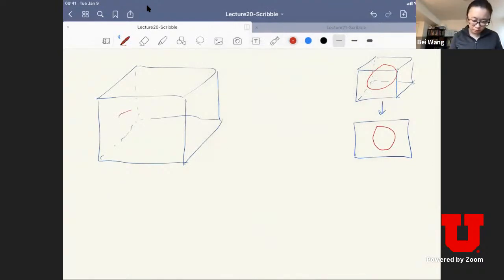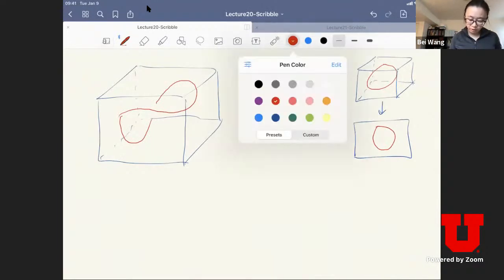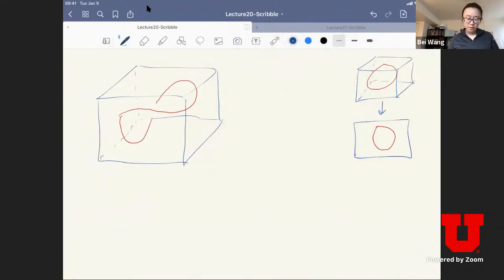However, if I have a loop that looks like this in the high dimensional space, then the interesting question is, when you project, what do you get, right? So you can imagine there's some direction when you project, for example, this direction, maybe what you will get is this. So everything is good.